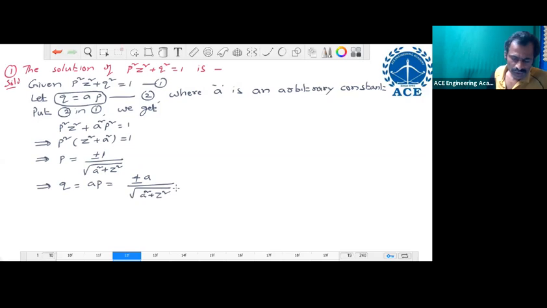So we know the p and q. To find the z in terms of x and y, we consider the total differential.